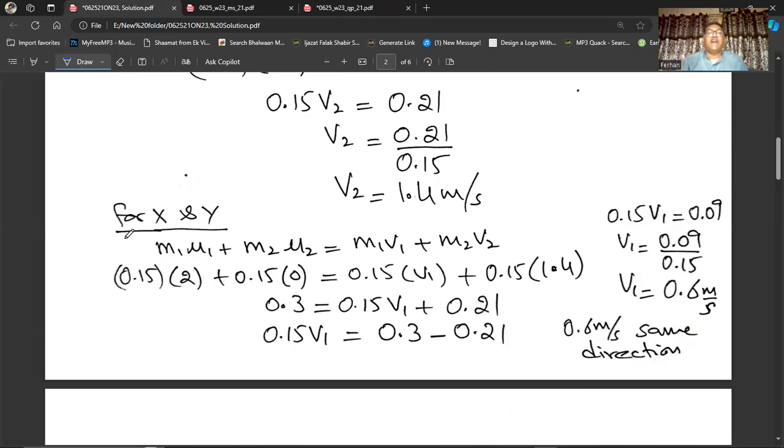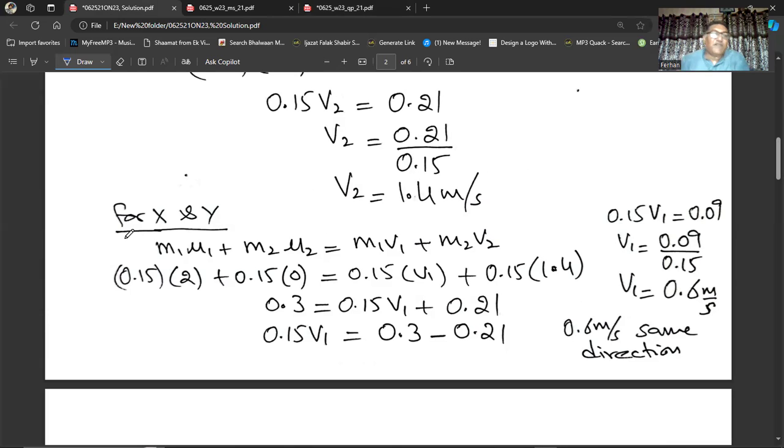Now, X and Y together are the system. The momentum before the collision and the momentum after the collision of the system will remain the same. So momentum before the collision is m1 u1 plus m2 u2. And momentum after the collision will be m1 v1 plus m2 v2. V1 means the velocity of the X after the collision, which is the question.